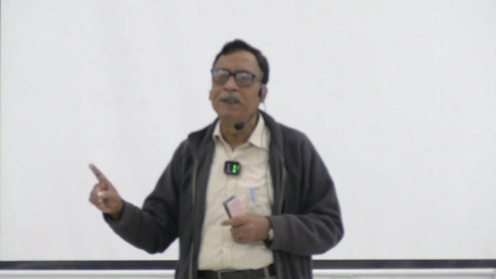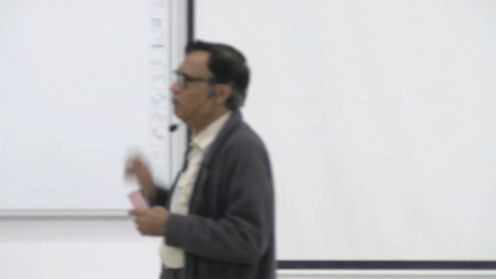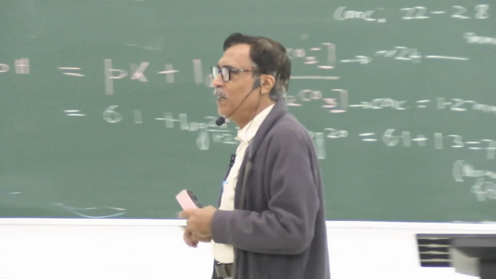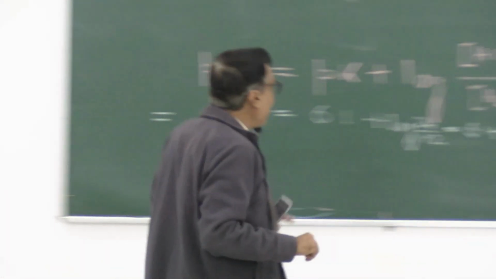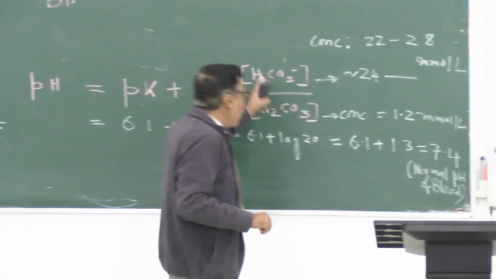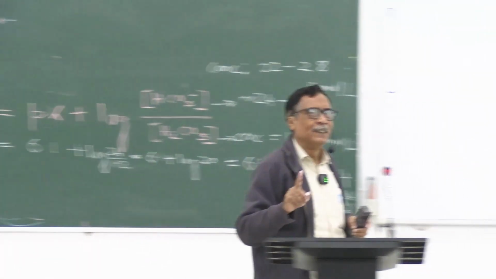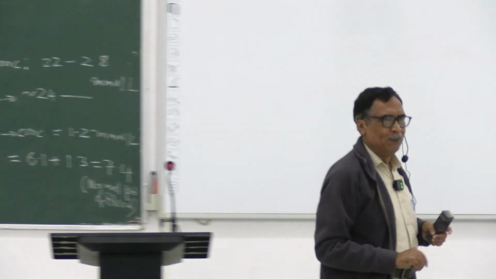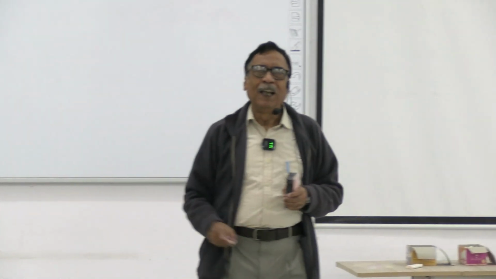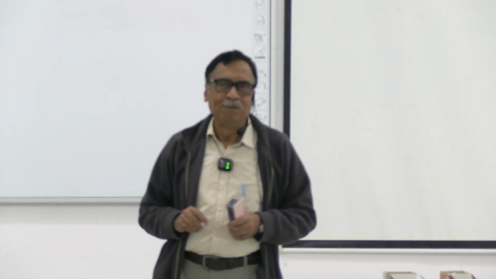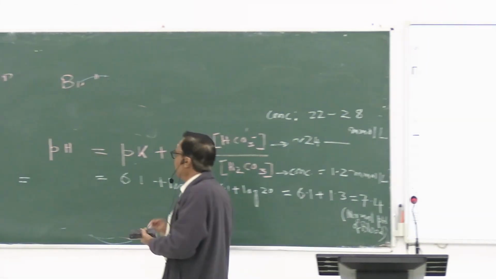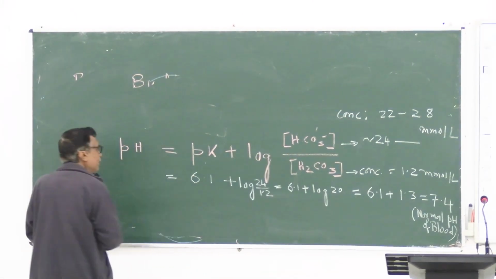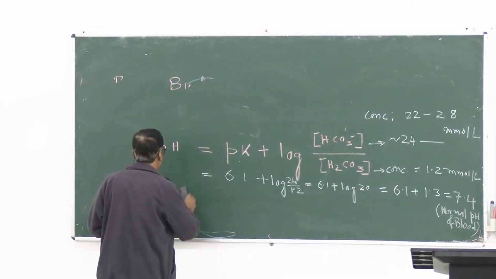If the ratio is higher than 20, then pH will be higher than 7.4. So, any alteration of this ratio, either by alteration of the bicarbonate or by alteration of the carbonic acid or by both, the ratio will be altered and the pH will be altered. And based on this equation, acid-base disturbance develops.